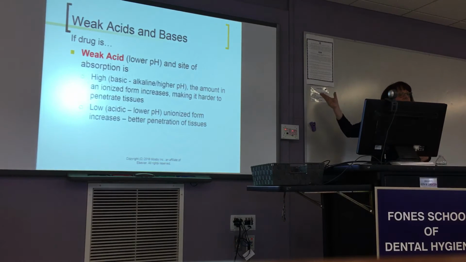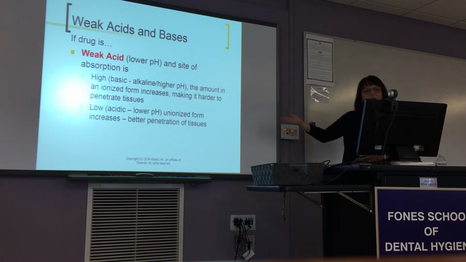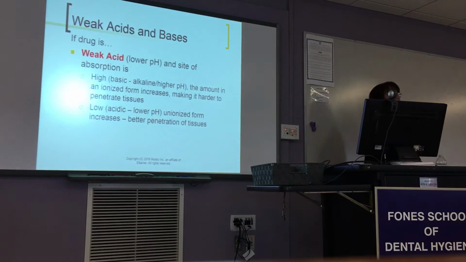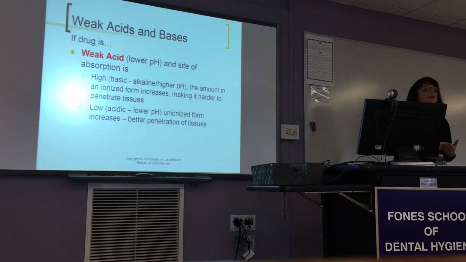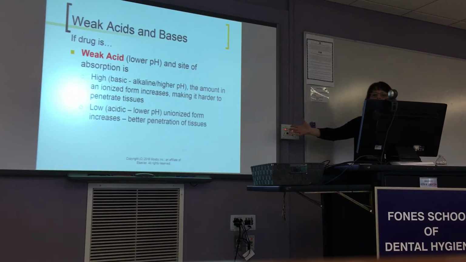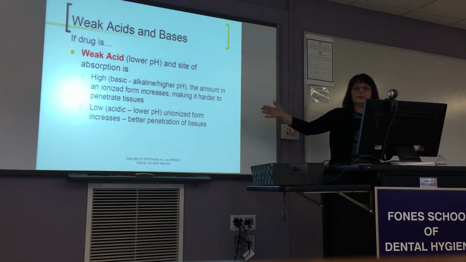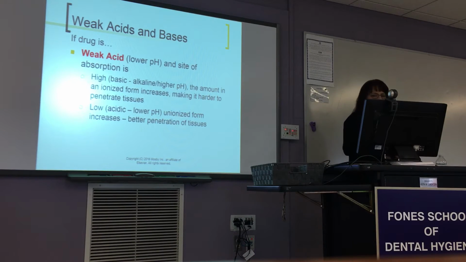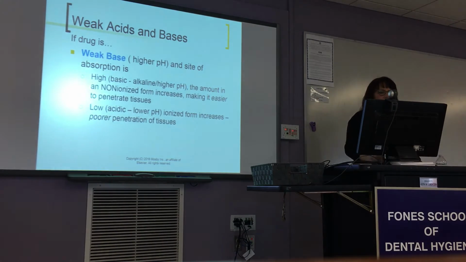If the area is low, okay, or more acidic, the unionized form is going to increase and it's going to penetrate the tissues better. Nothing probably hits home about this better than when we talk about local anesthesia, okay? And you're gonna have this presented to you again, but it's really helpful to remember this.